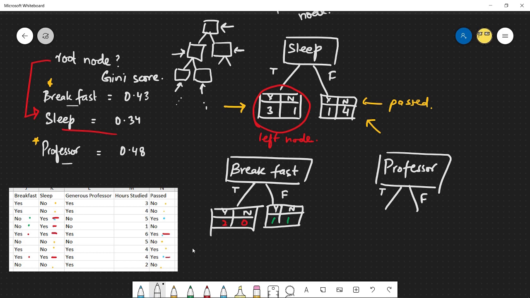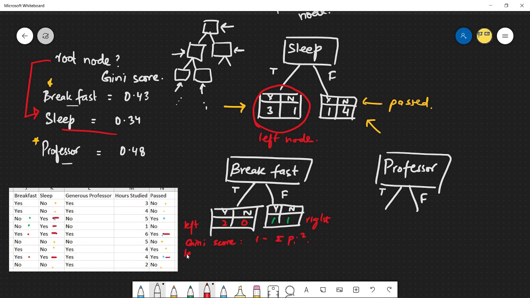So I'm going to start naming them again as my left node here. So this is my left node, and this is my right node. And based on that, again, I'm going to calculate their separate Gini scores and then find the weighted average. So let's find the Gini score for the left node here. And again, it's always going to be 1 minus the summation of all probabilities squared.